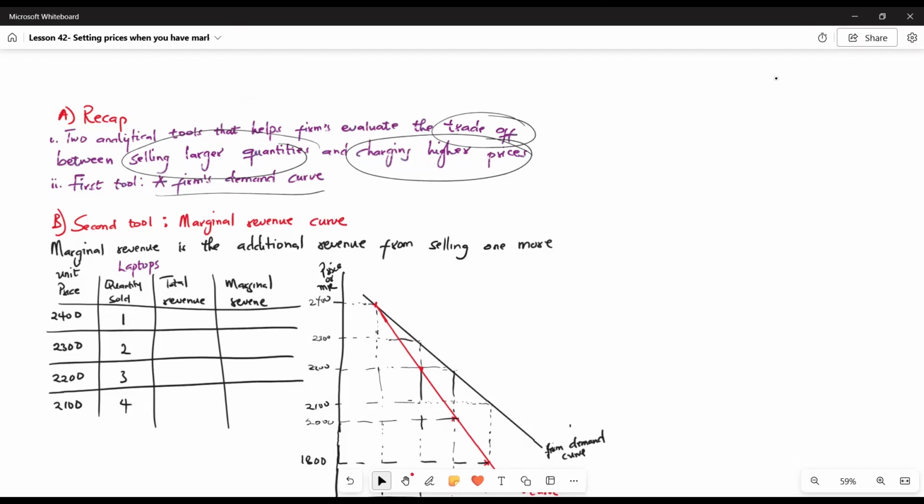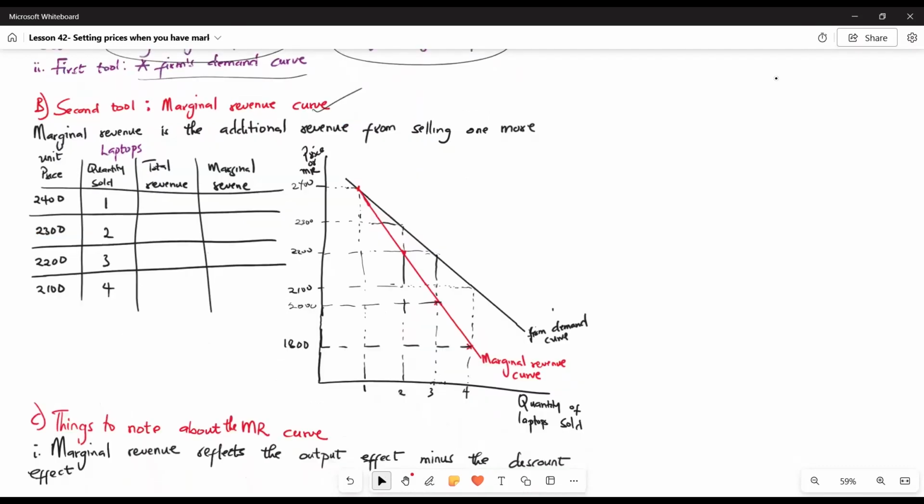Today, we'll be moving on to the second one, which is the marginal revenue curve. So, the question we'll be answering here is how can a firm use its marginal revenue curve to figure out what price to charge? Now, what is marginal revenue?